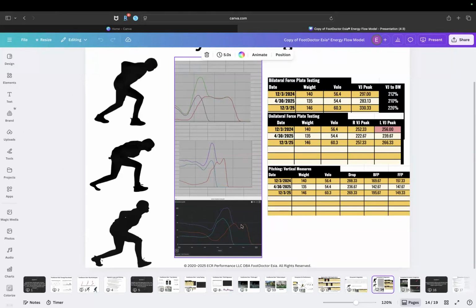If that's continuing to happen or continually getting better, which it did from the last time we tested, and now we're 11 pounds heavier, and we're also producing more force, we're over that 225 mark. We've gone from 212 to 226. I am perfectly okay with you having an expectation that you should throw harder, because you should, otherwise I'm a liar. We are throwing harder.